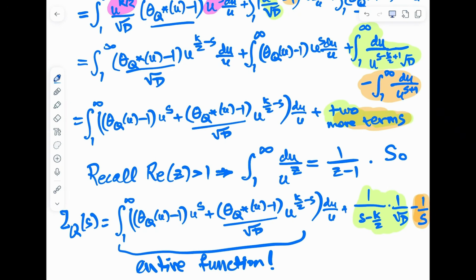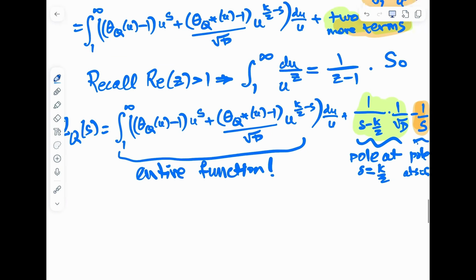Because the lower bound is positive, you're staying away from 0. The theta function decays very rapidly at infinity. It's kind of a subtle thing close to 0, but we moved the integration away from 0. And here I have a pole at k over 2, and here I have a pole at s equals 0.